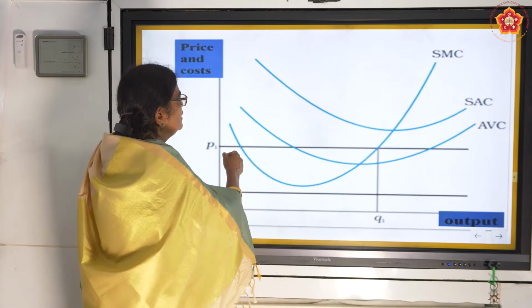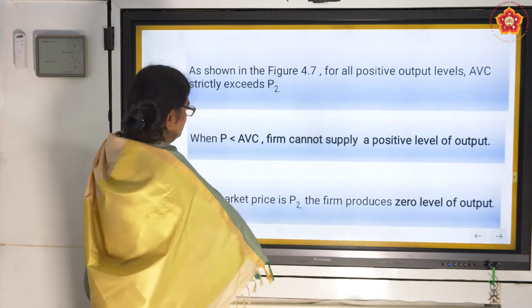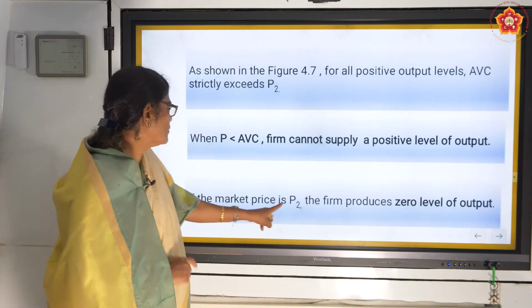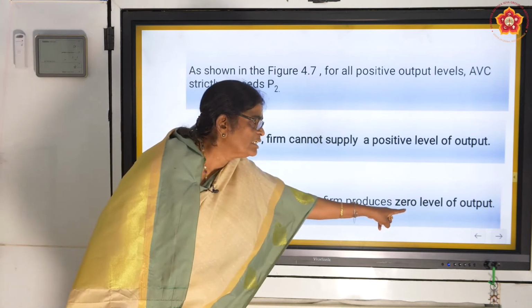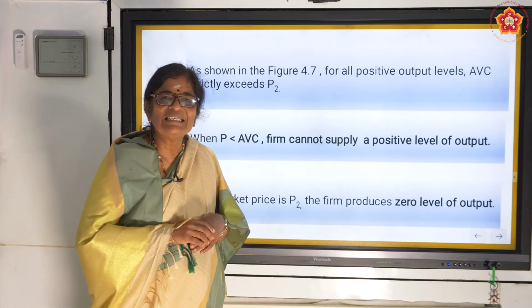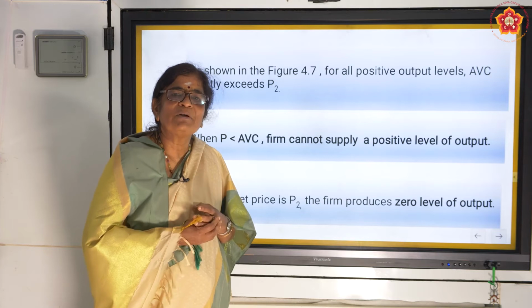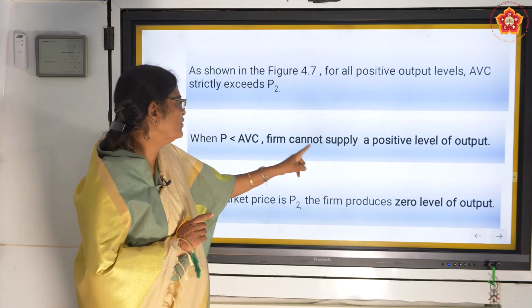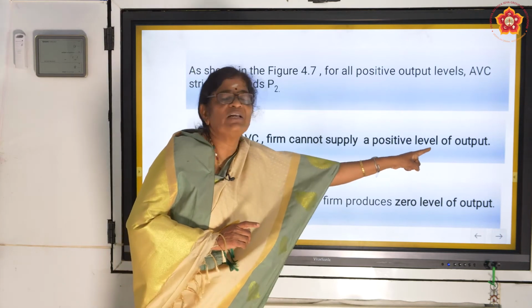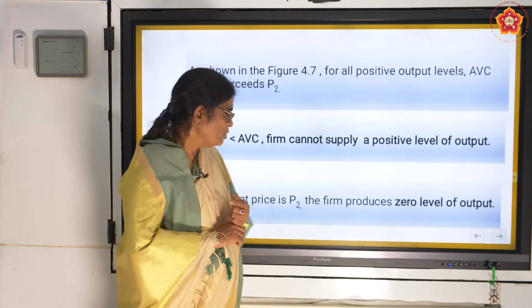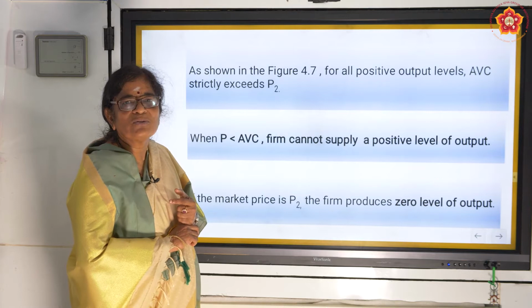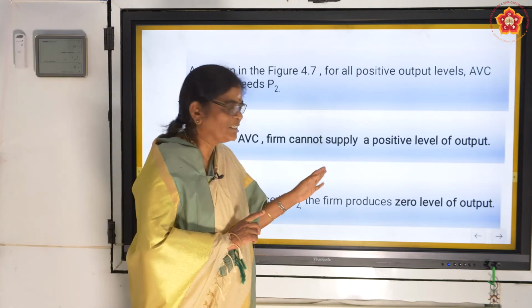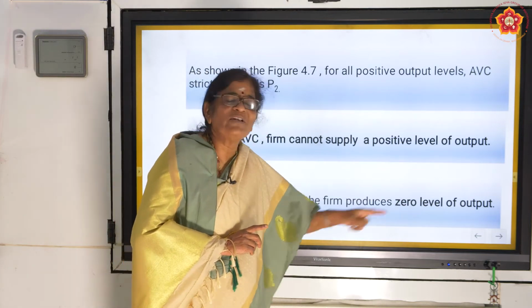But if the market price is P2, the firm produces zero level of output. The reason is the income is less, the variable cost is more. Therefore, when P is less than ABC, the firm cannot supply a positive level of output. What type of output is it going to produce? Zero level of output.